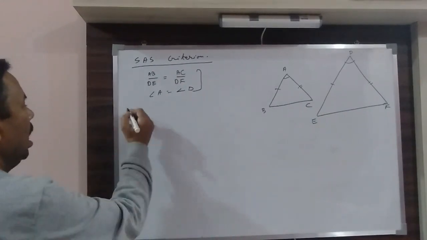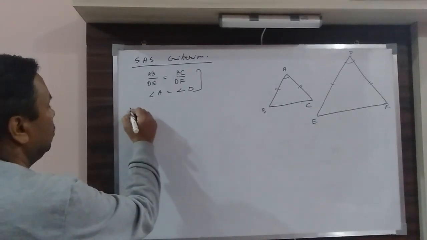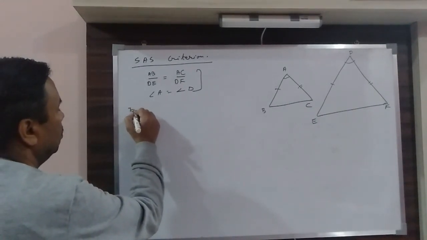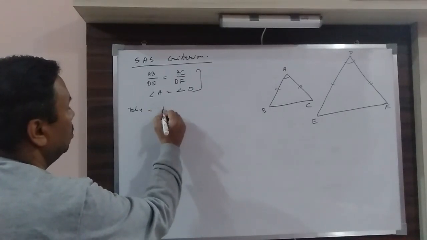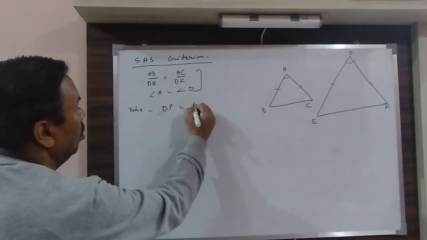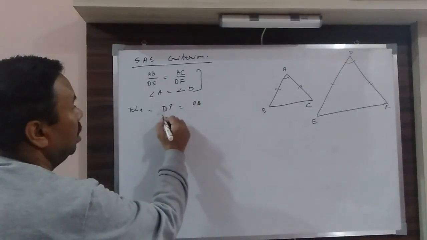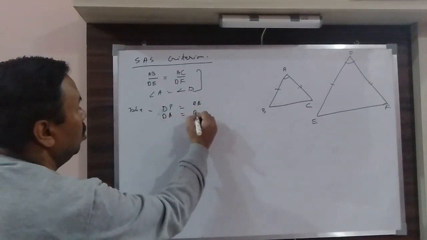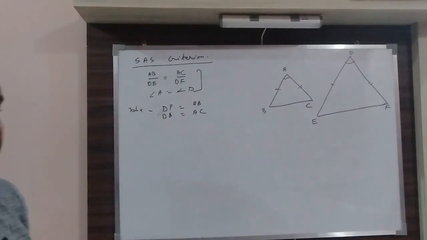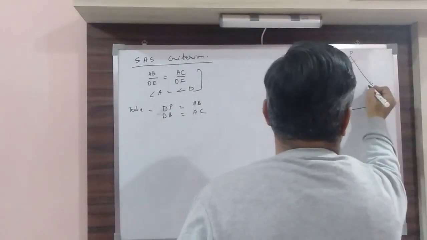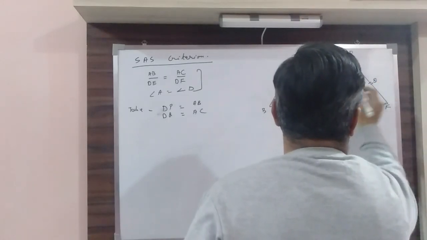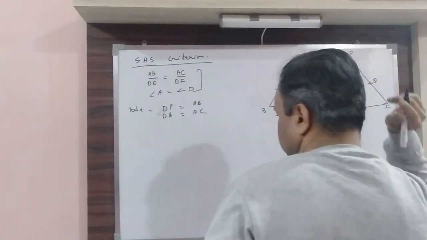Again, I will make DP equal to AB and DQ equal to AC. Same construction once again, like this, DP and DQ, and join these two.